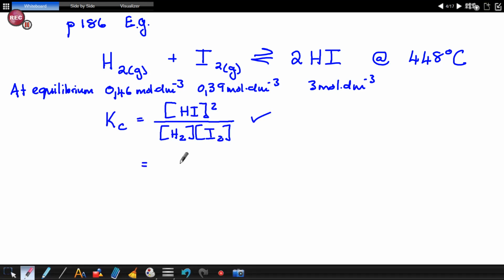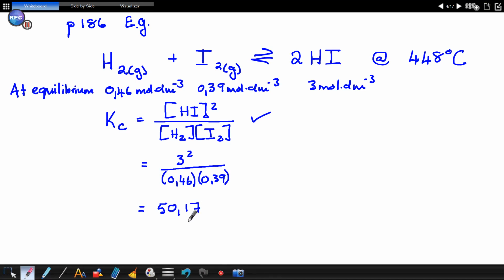Second mark is now, if you substitute the concentrations and you want to put them in brackets, put them in round brackets, not in square brackets, because the square bracket has a meaning. So it is 3 squared, I don't need brackets for that, divided by 0.46 times 0.39. Don't put those in square brackets. What is the answer? 50.17.